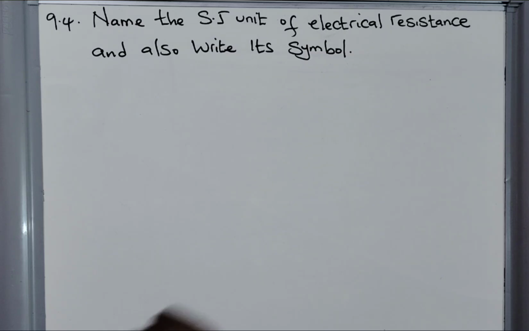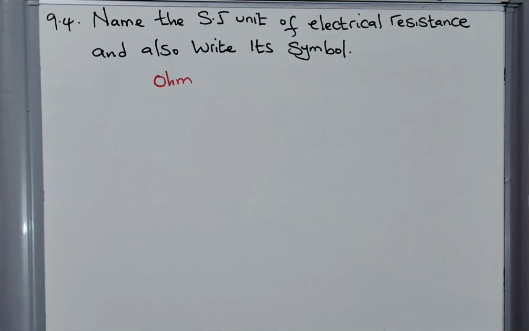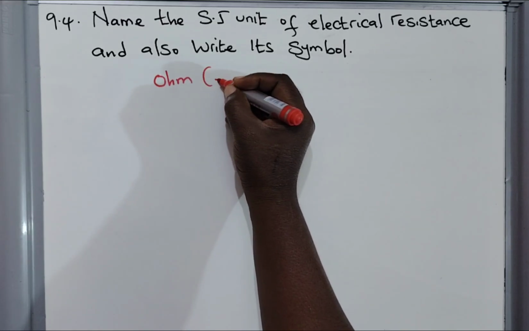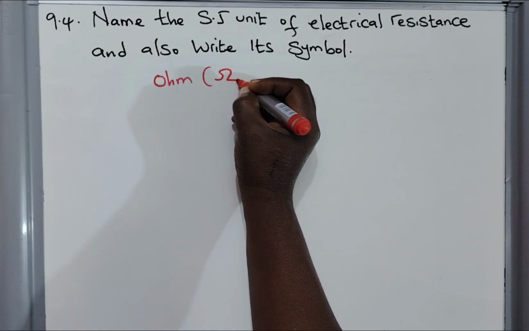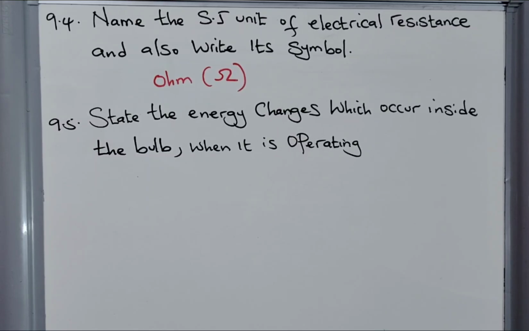Electrical resistance is measured in a unit called ohm, in respect of the English scientist who put up a very important law called Ohm's law to explain how electrical variations behave. So the unit is ohm. And what is the symbol for ohm? The symbol for ohm is this symbol. That's the symbol for ohm.